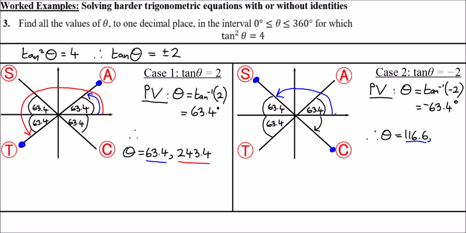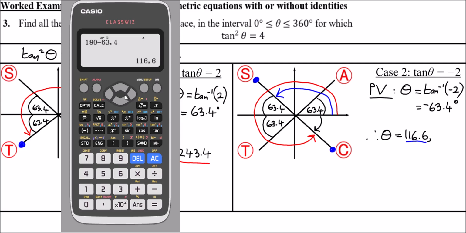I wanted red rather than green. So go all the way around in the positive direction to C. This is almost 360, just without this final 63.4. So 360 minus 63.4 will give us a value of theta here of 296.6.